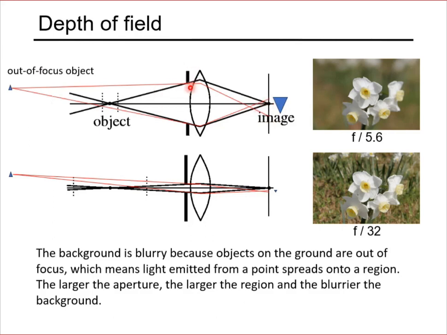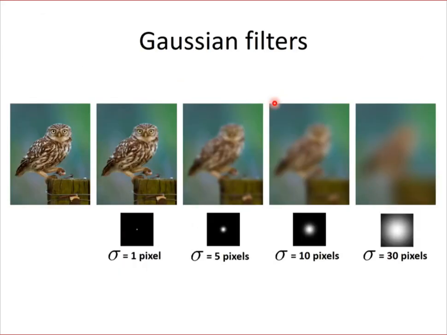For a large aperture, the range will become larger, and for a small aperture, the range will become smaller. Say if there is a triangle, then for a large aperture, the triangle will become larger but blurred. So it's the same as applying a large Gaussian filter.